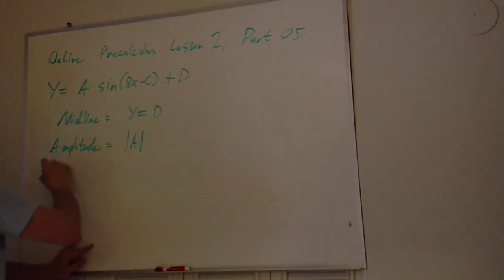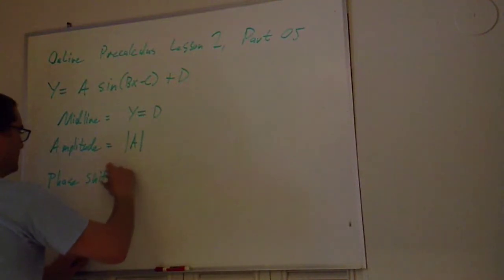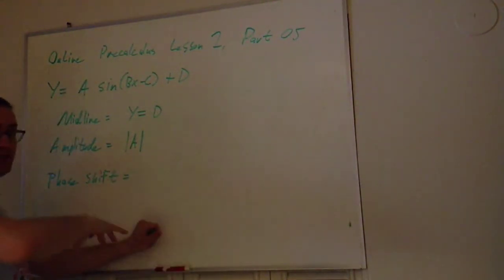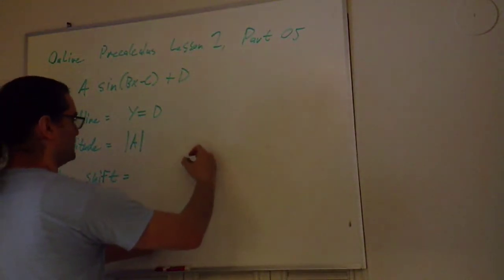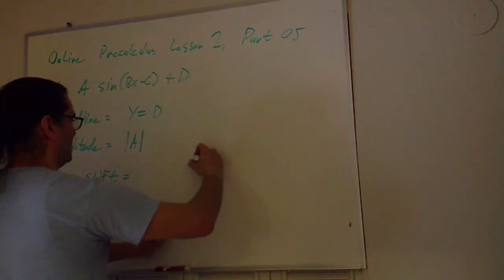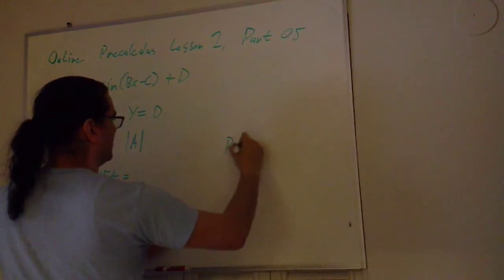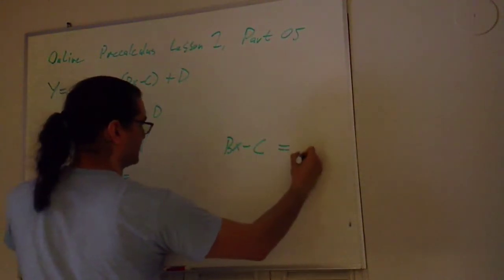After that, we have the period. I'll do the period last. I'll do phase shift. The phase shift, using my technique, is what happens when you solve the equation the inside stuff equals 0.